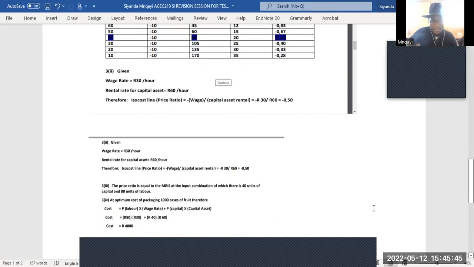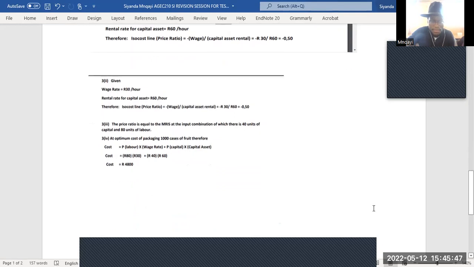So now what is given? Done that. Now we want to know that the price ratio is equal to the marginal rate of input substitution, at the input combination of 40 units of capital and 80 units of labor.